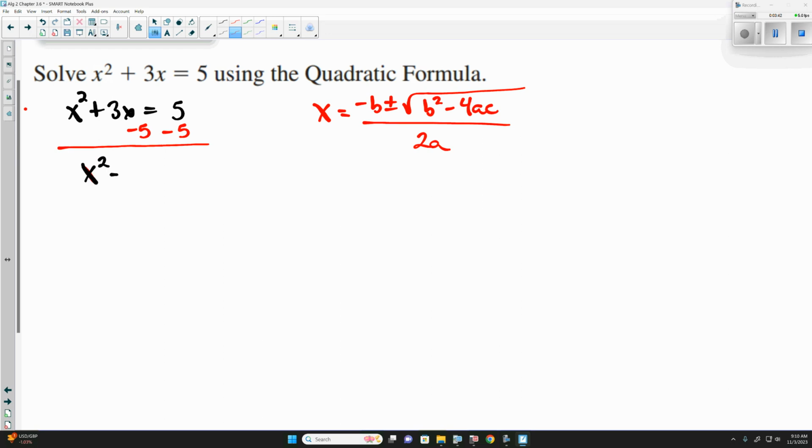That would give us x squared plus 3x minus 5 is equal to 0. Questions on any of this here so far?